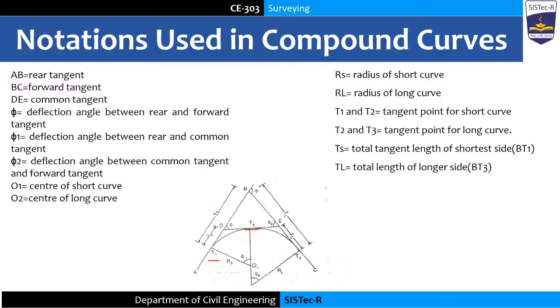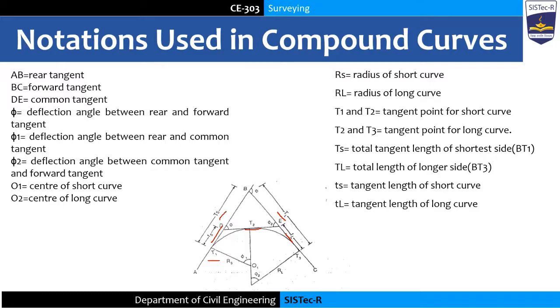TL is the total length of the longer side, that is BT3. After that we have small ts, that is the tangent length of the short curve, and we have small tl, that is the tangent length of the long curve. So here this is small ts, and this is small tl, and these are the capital TL and capital TS.